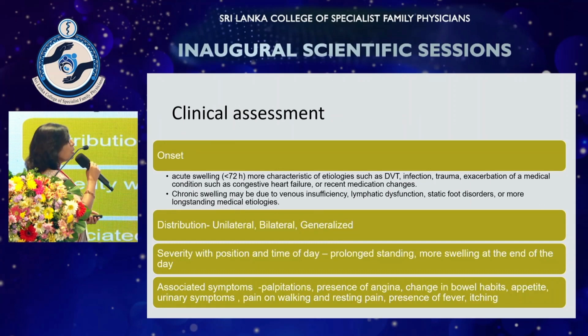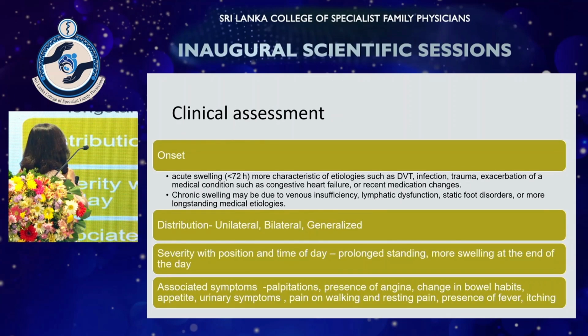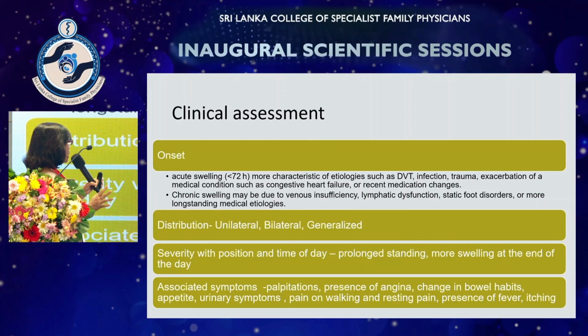Yes, the clinical assessment. This is very important, the onset. So is it acute or chronic? Acute means less than 72 hours. If the swelling is less than 72 hours, we consider it as acute.